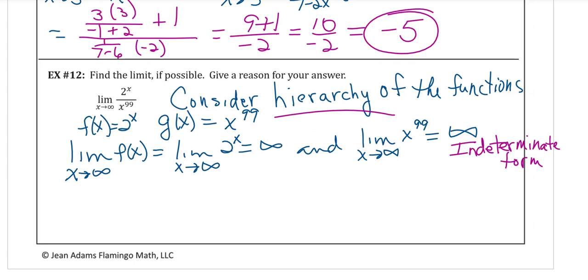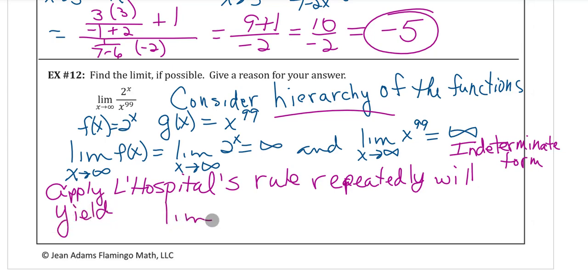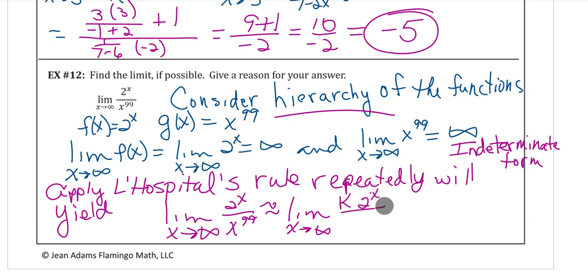So what we can say is applying L'Hopital's rule repeatedly will yield the limit as x approaches infinity of 2 to the x over x to the 99 is approximately equal to the limit as x approaches infinity of some constant k times 2 to the x over 1. And this is unbounded.